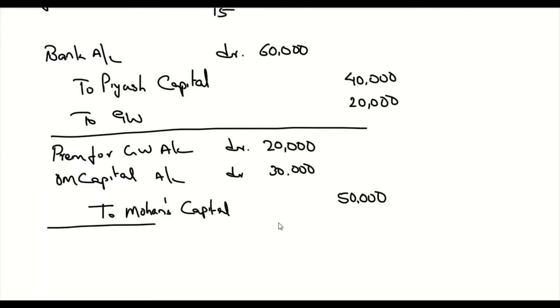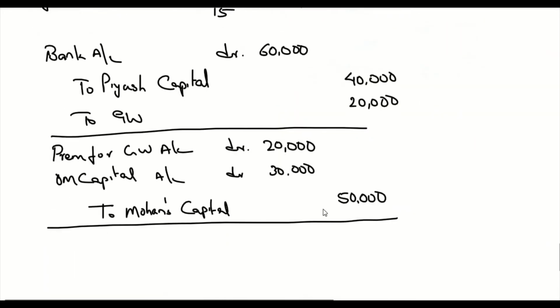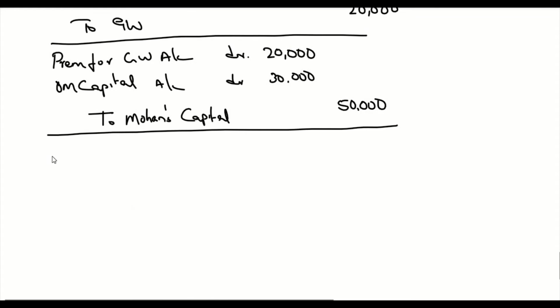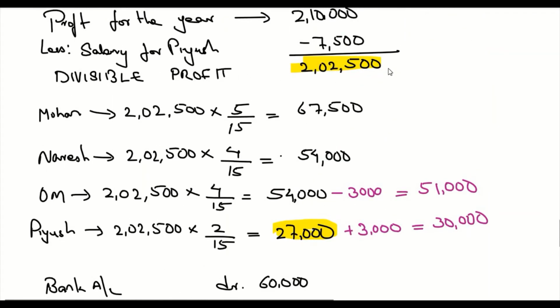Then we should also give a journal entry for the division of profit here. So we will write P&L appropriation account debit. The divisible profit is 2,02,500.